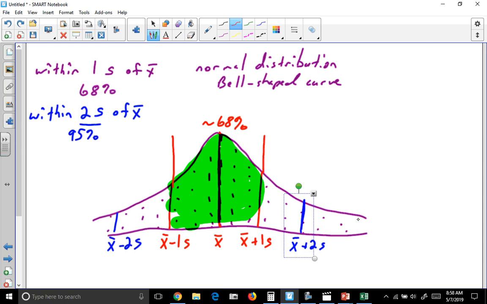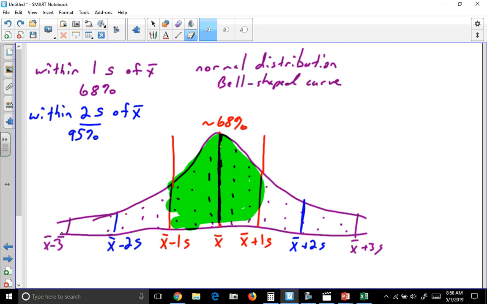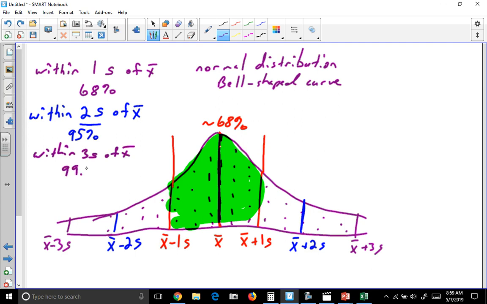So if we go a little bit wider, if we go three standard deviations above and three standard deviations below the mean, so the mean plus three standard deviations to the mean minus three standard deviations, then within three standard deviations of the mean, we'll have about 99.7% of the data.